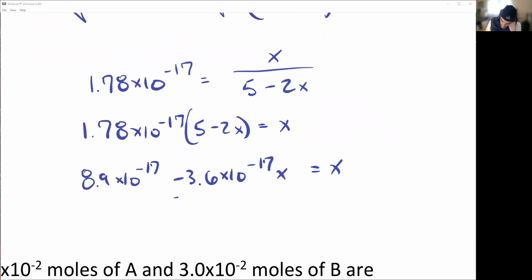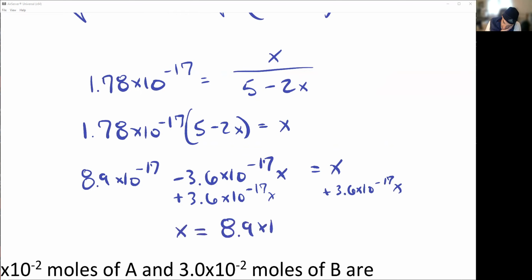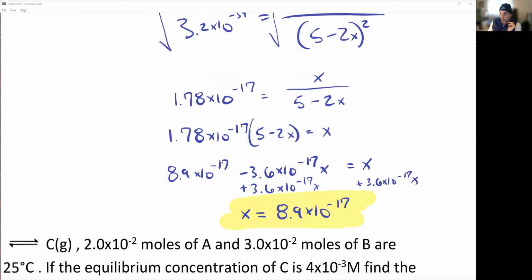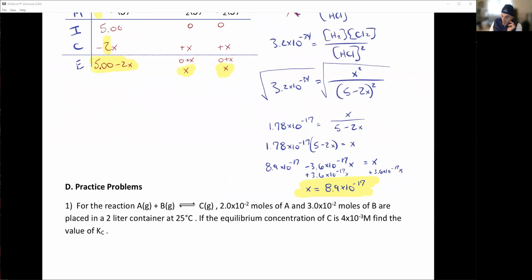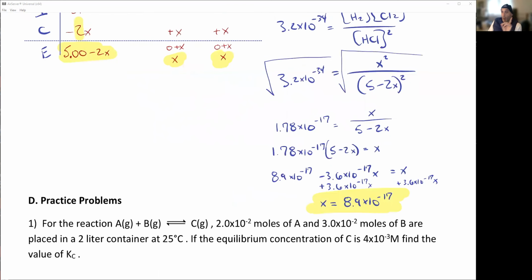And now I'm simply going to add the 3.6 times 10 to the negative 17 x term to both sides. And that's a very, very, very small number. So what you end up with is ultimately x is equal to 8.9 times 10 to the negative 17. Maybe this is not a great example to do just because of the numbers, but either way, that's totally going to work. So x is equal to 8.9 times 10 to the negative 17, but we're not finished yet.